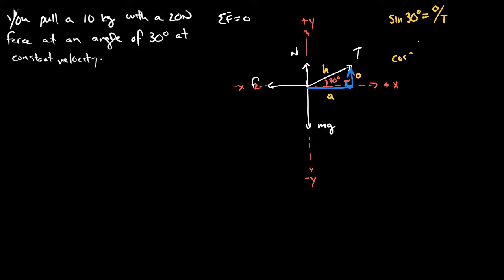Cosine of 30 is the adjacent over the tension. Now, I'm doing that because I'm going to need the size of the opposite side, which is T sine 30, and the size of the adjacent side, which is T cosine 30. Any questions about this so far?